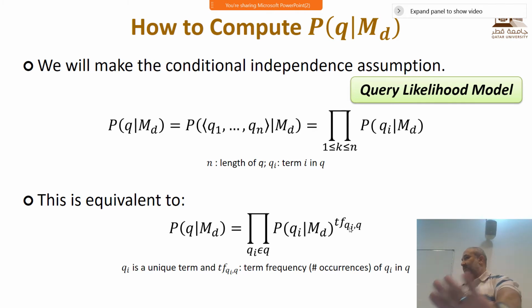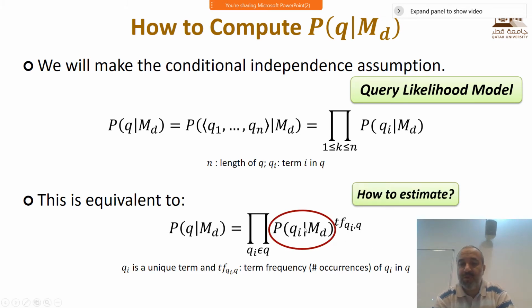Unigram language model, yes, still, and we will continue like that to the end. Now we need to estimate this. If we estimate this, then we are done. Is that clear? We have a query that has multiple words, and although there is a sequence, the assumption here is that we have conditional independence.